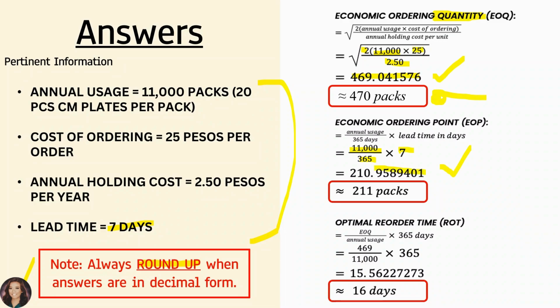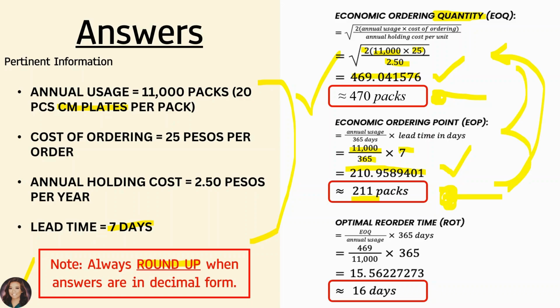It's still in decimal. So to finalize it, we're reporting it rounded up. That's 211 packs. So ibig sabihin, kapag umabot na sa 211 yung pack mo ng CM plate, kailangan mo nang mag-order ulit. And how much yung orderin mo? 470.